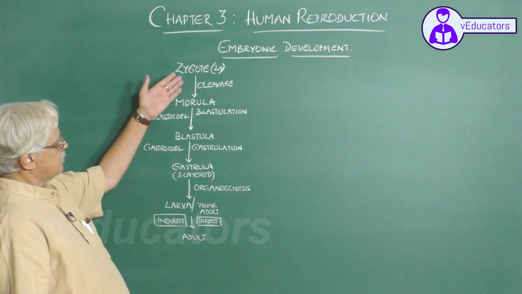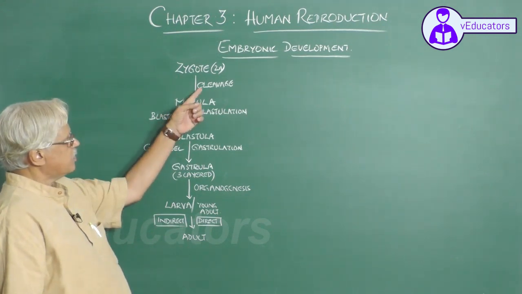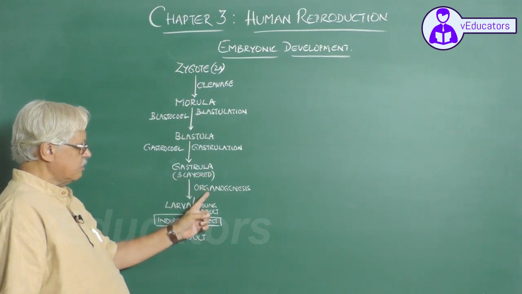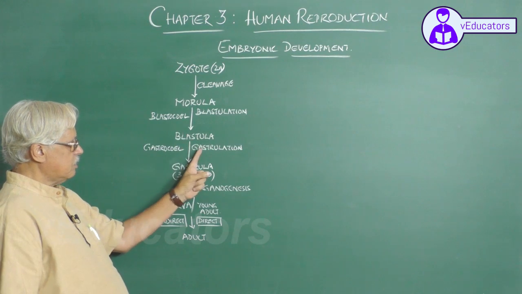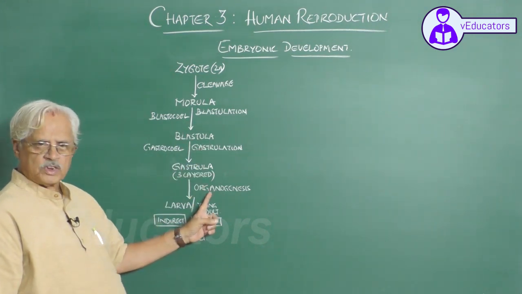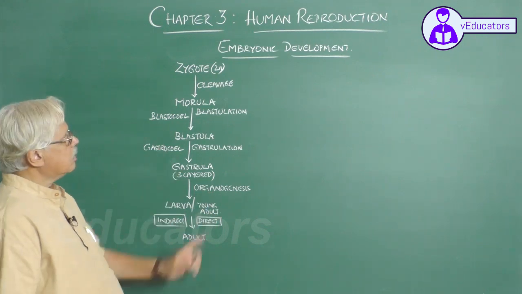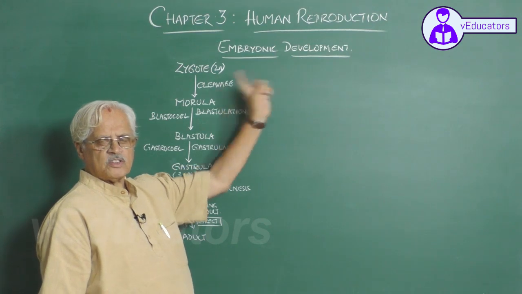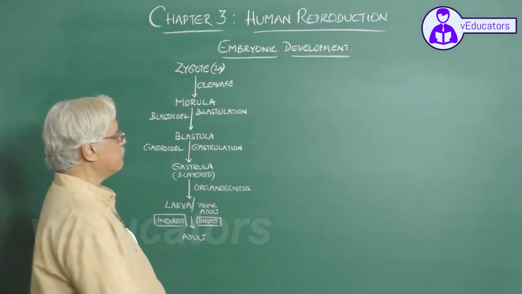This is the general pattern of development, and these are the sequence of events taking place during development: cleavage, followed by blastulation, followed by gastrulation, followed by organogenesis. Keeping this in mind, let us see what is the pattern of development in the human embryo.